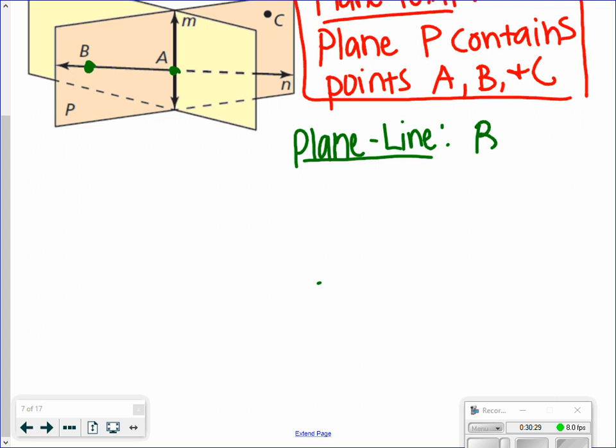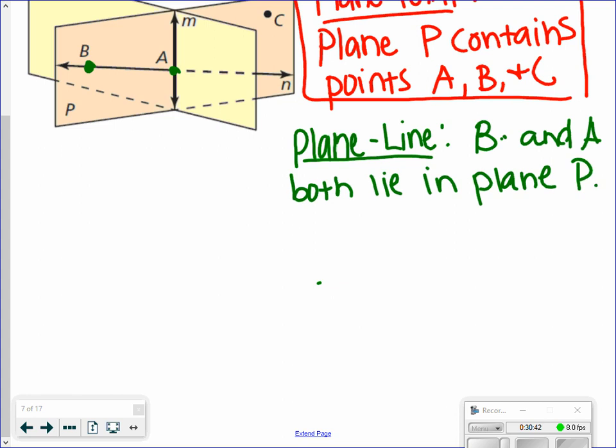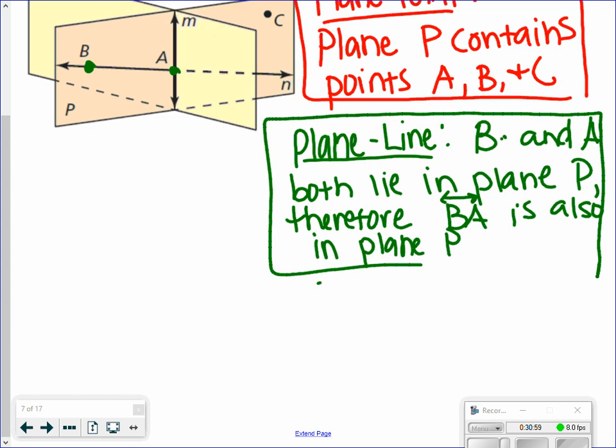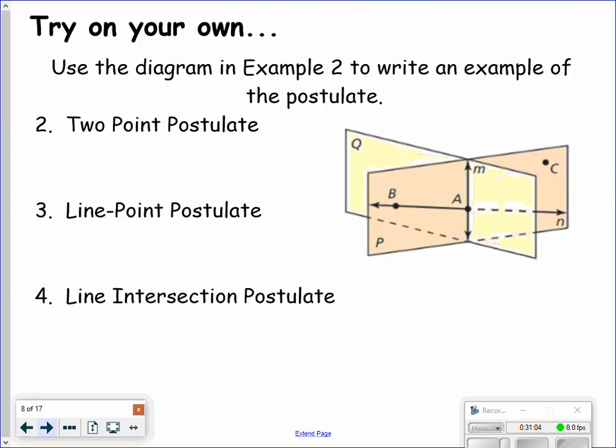So B, whoops, and A both lie in plane P. Therefore, the line containing them, so BA, is also in plane P. Okay, go ahead and try this next one on your own on the left-hand side.